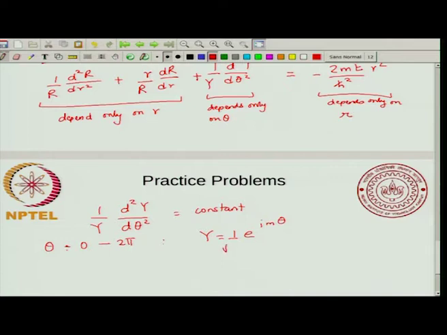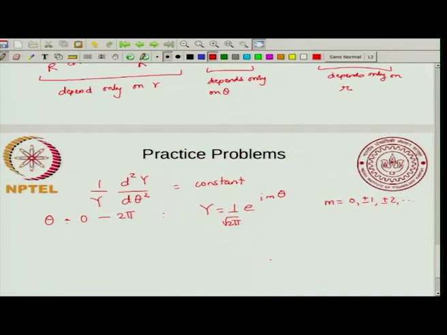So if I want, I can write 1 by root 2 pi e to the i m theta, where m is equal to 0, plus minus 1, plus minus 2, and so on. So we have this, and then you can immediately see that d square y by d theta square is just minus m square y.